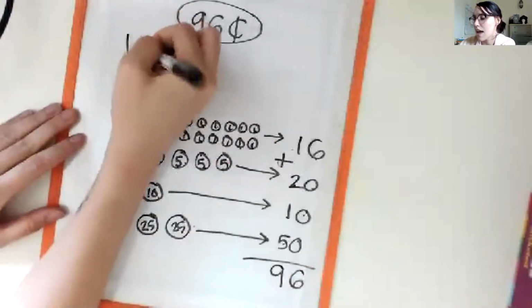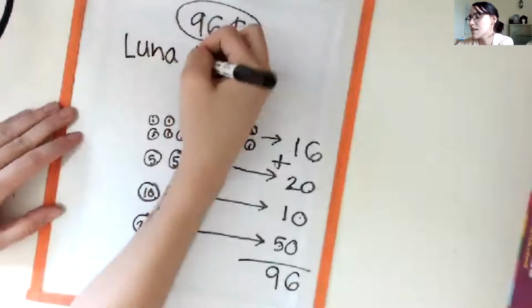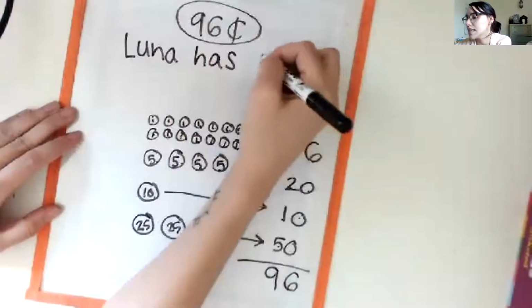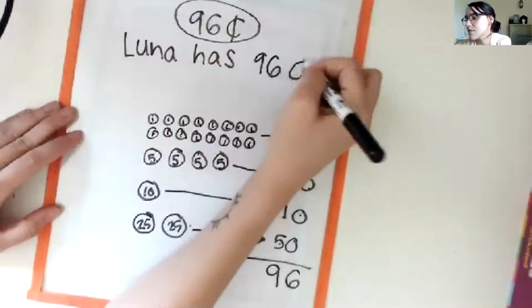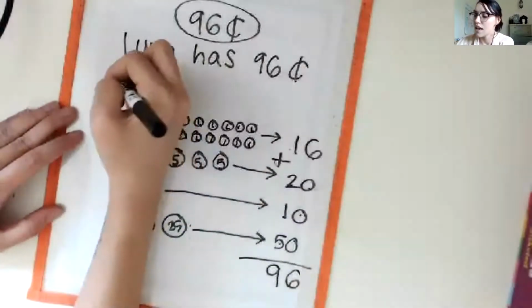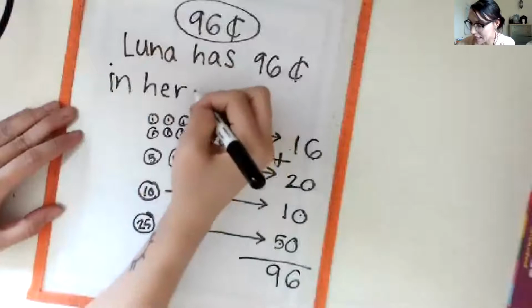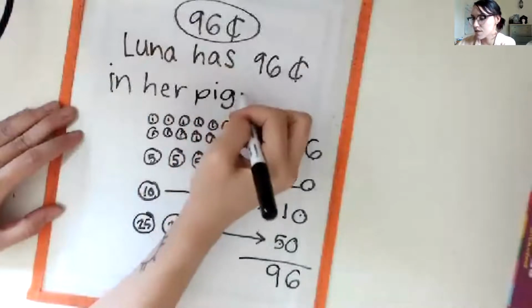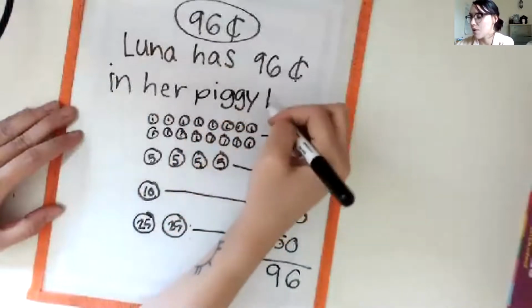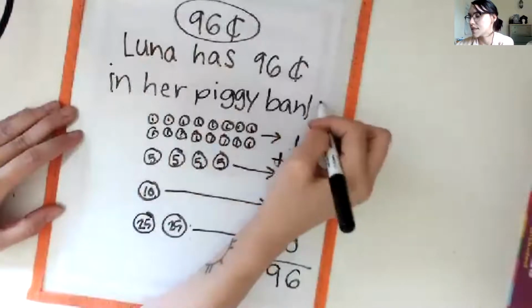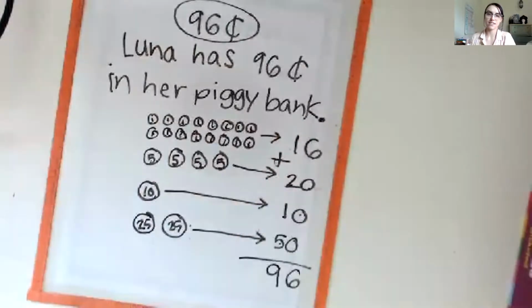Luna has 96 cents in her piggy bank. That is right. So you need to say what is the deal with that 96 cents. Okay, thank you for helping Luna solve how much money she had in her piggy bank.